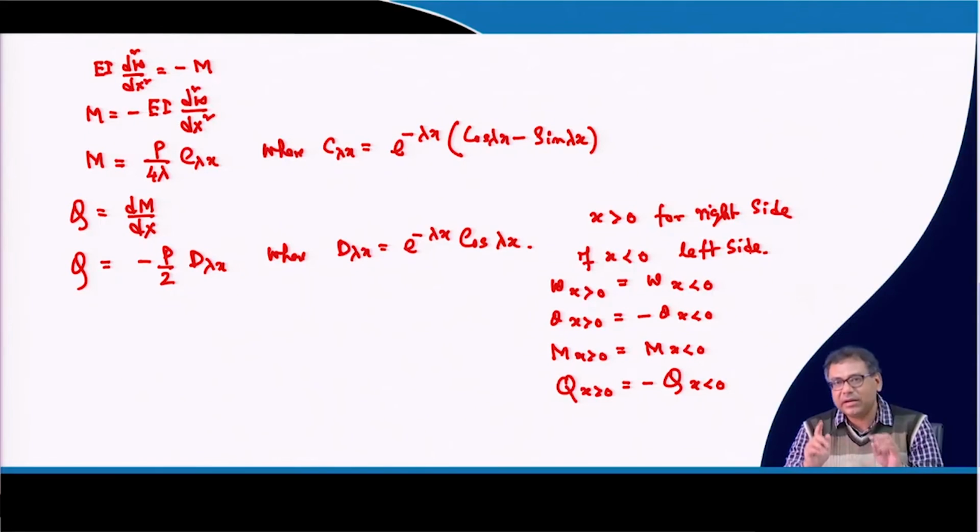If your point of interest is on the left side of the loading point, then your deflection will be the same, bending moment will be the same, but in case of shear force and the slope, your sign will change. That means whatever values you get for the right side, the x greater than 0 case, you have to put a minus for the left side at the same distance from the loading point. Clear? So, this you have to remember.